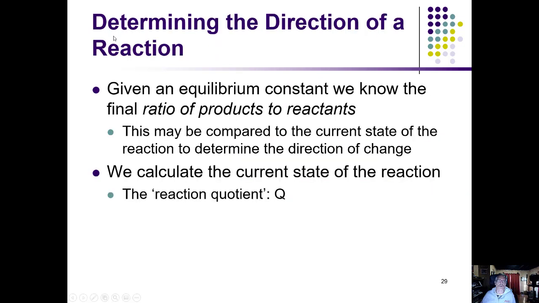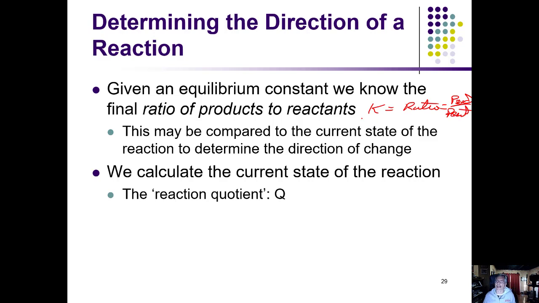So let's use the equilibrium constant to determine the direction of a reaction. If you're given an equilibrium constant, we know what the final ratio of the products to the reactants is. That is the equilibrium constant. So K is equal to that ratio of products over reactants.